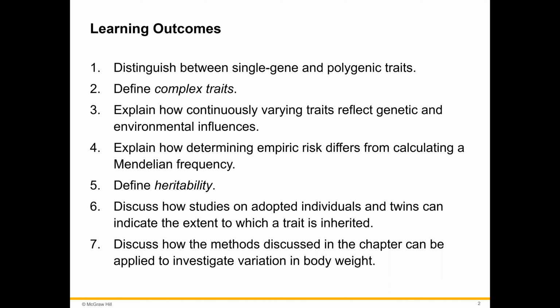Explain how determining empiric risk differs from calculating a Mendelian frequency. Define heritability. Discuss how studies on adopted individuals and twins can indicate the extent to which a trait is inherited, and discuss how the method discussed in this chapter can be applied to investigate variation in body weight.